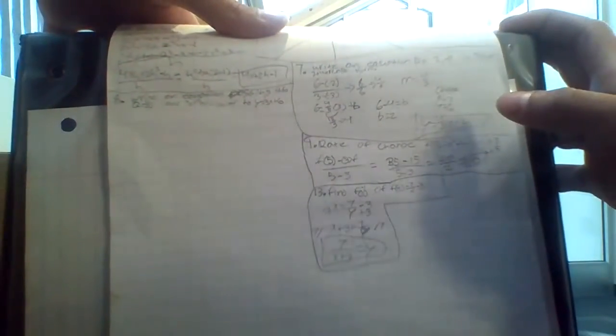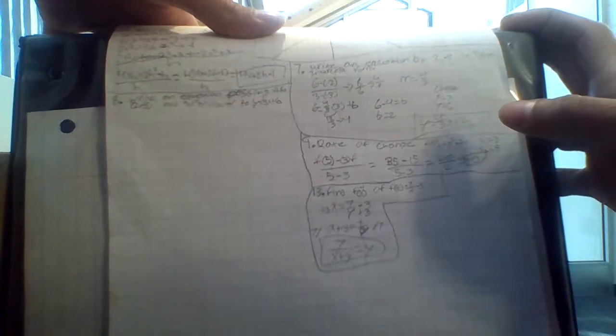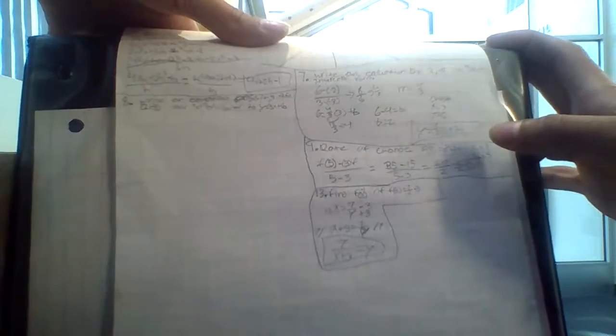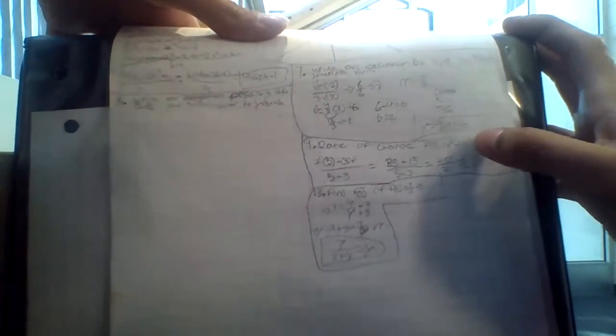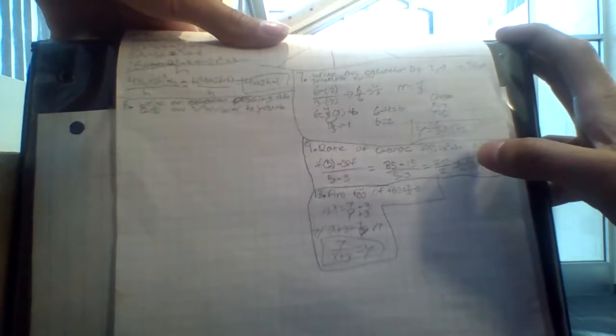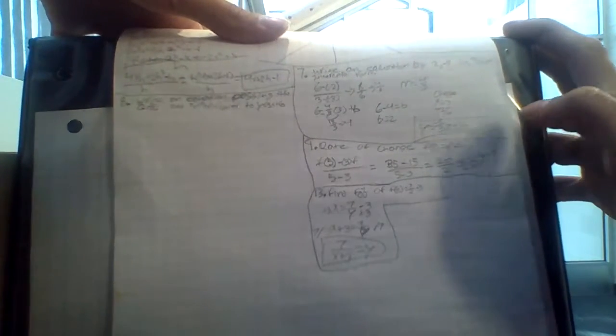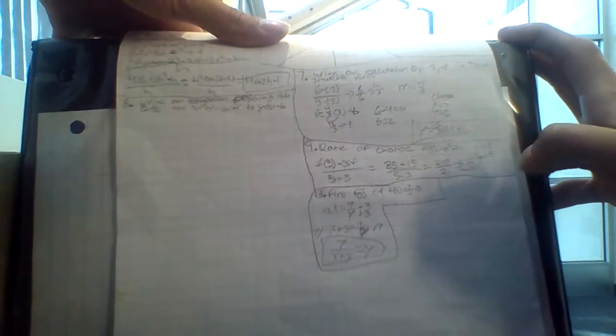All right, next one, number 9, the rate of change. So it's f of x is equal to x squared plus 2x, x is equal to 3 and 5.